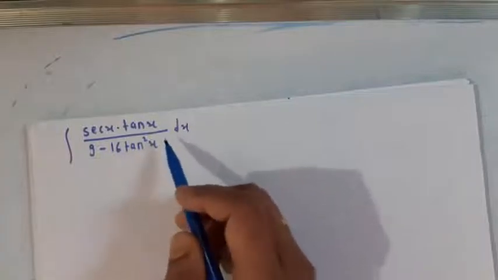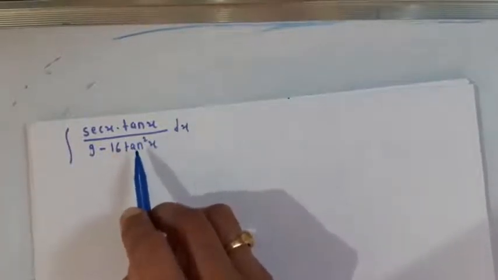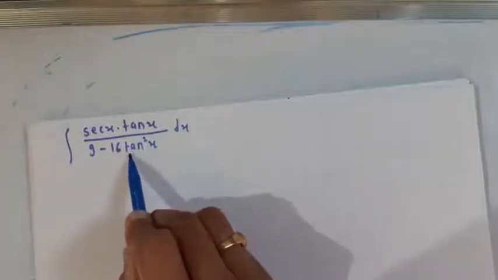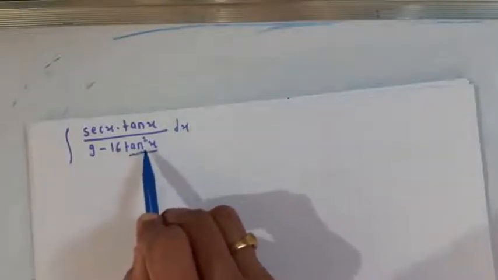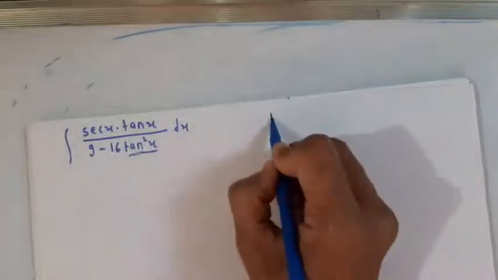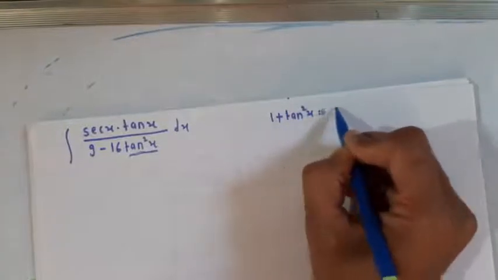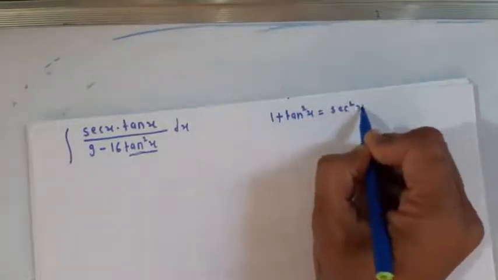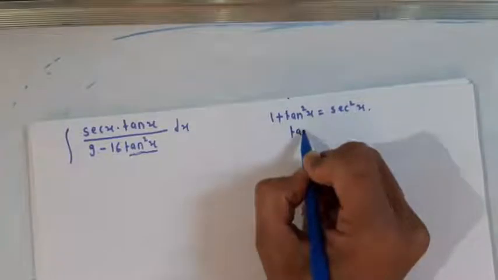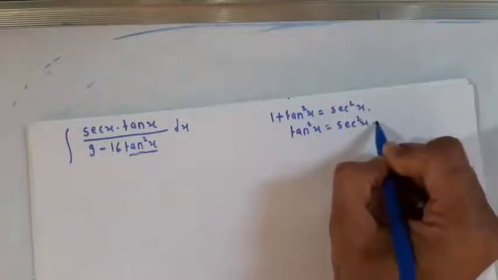But there is no sec x term in the denominator. But we can convert the tan square x in terms of sec square x. We have the formula 1 plus tan square x equal to sec square x, and therefore tan square x equal to sec square x minus 1.